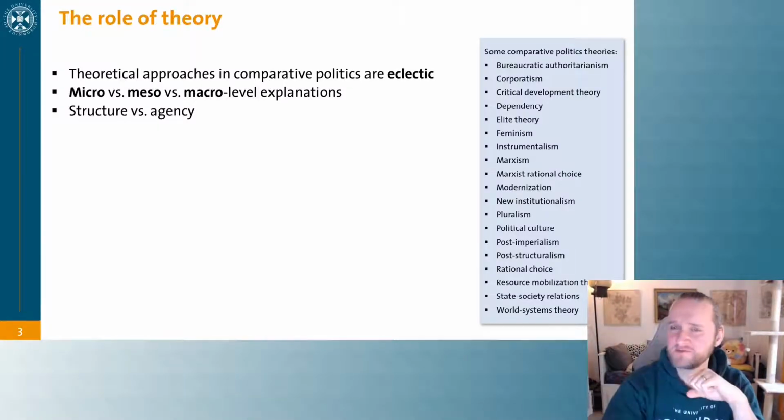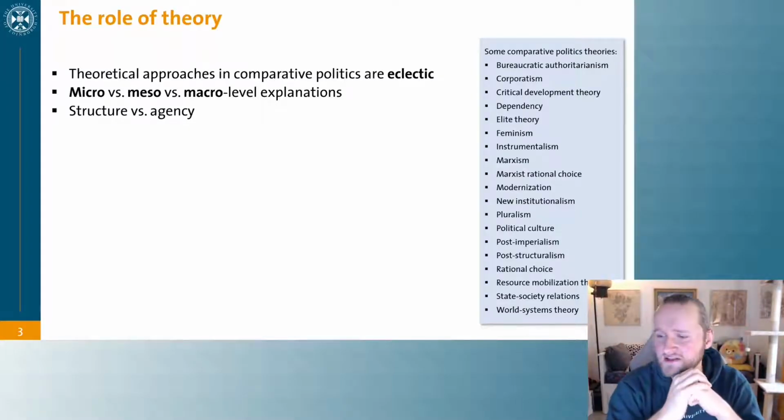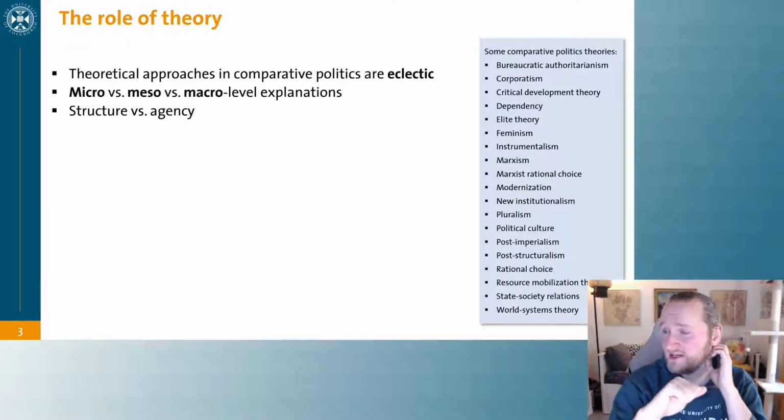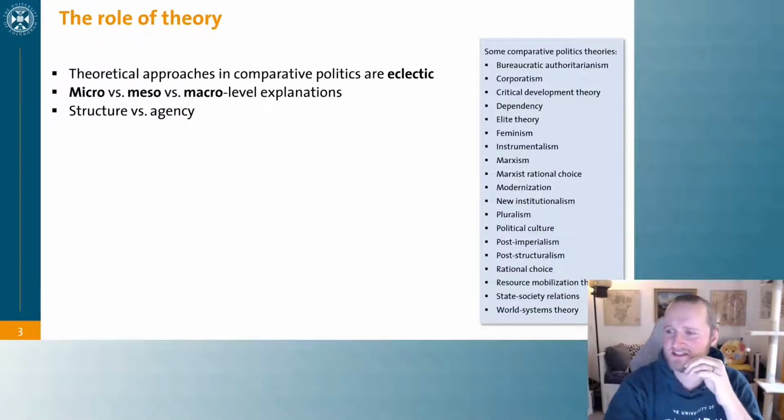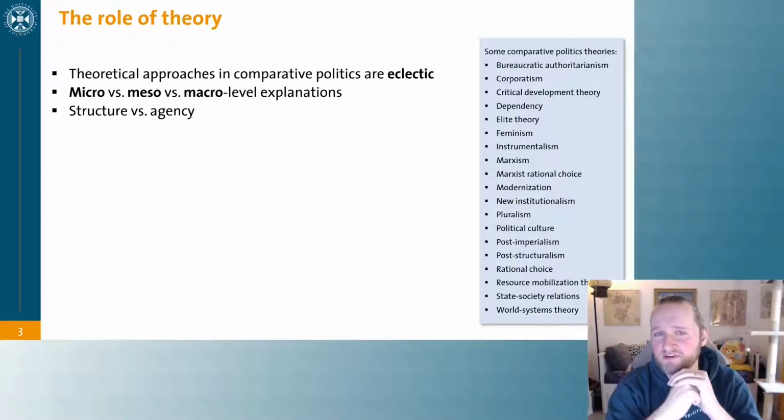I want to say this comes from the Lim book, I think, that's on the possible purchases on your list. So this goes all the way from corporatism, Marxism, pluralism, feminism, post-structuralism, rational choice, world systems theory, and so on. And of course, there's many more than just these. I want to say this is probably 20 or so. There's probably more approaches in comparative politics.